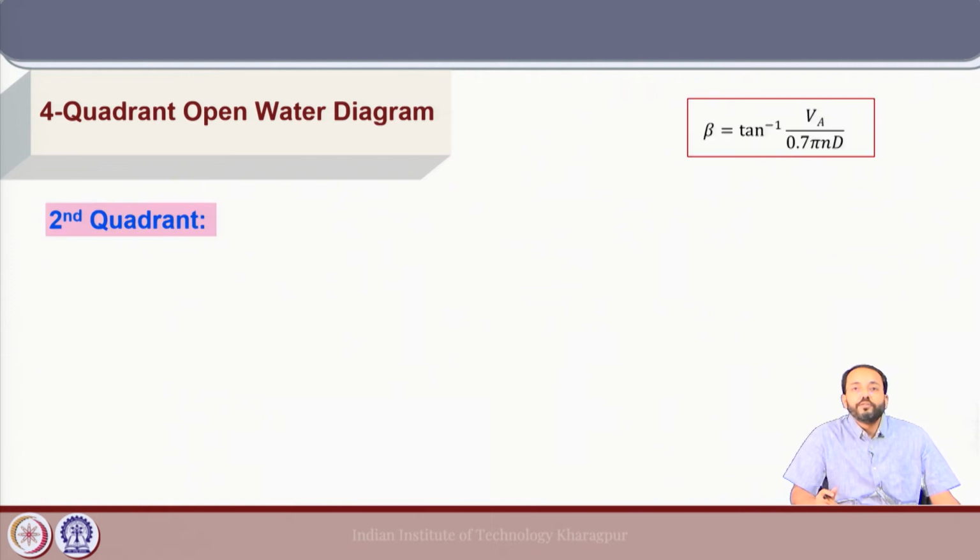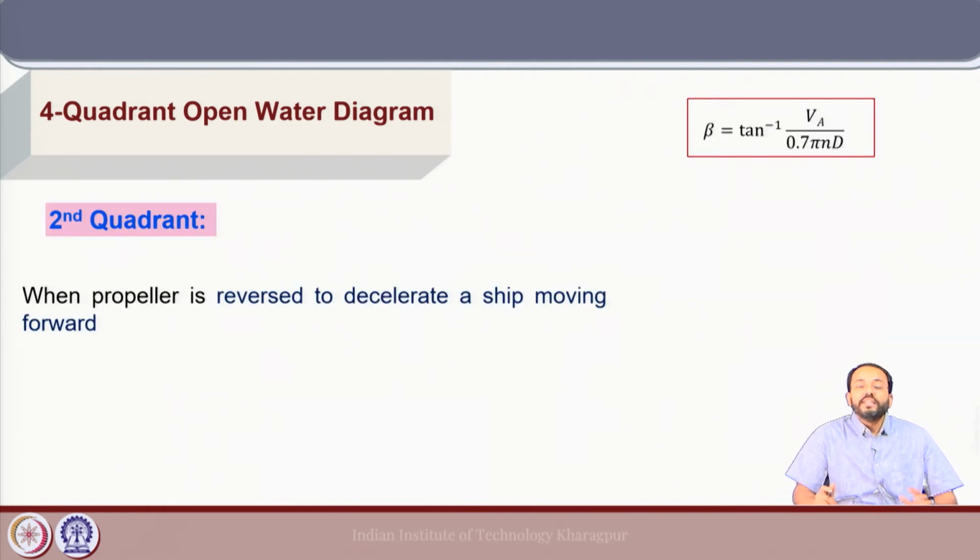Next, if we move on to the second quadrant, when the propeller is reversed. Now, let us think of the scenario when we want to decelerate the ship by reversing the propeller, but the ship is still moving ahead with a velocity. So, the velocity of advance for the propeller is still positive.